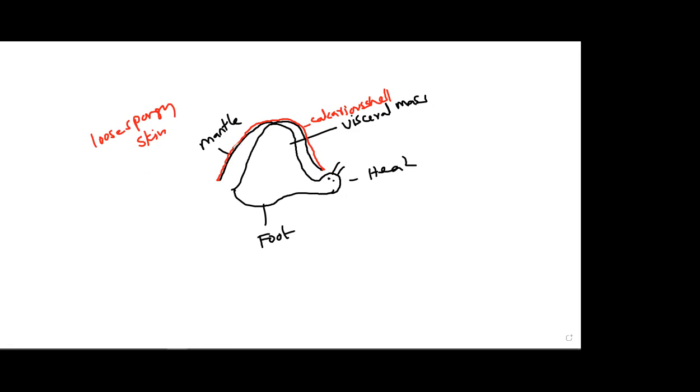And between the mantle and body wall, there is a space called mantle cavity, in which feather-like gills are present.